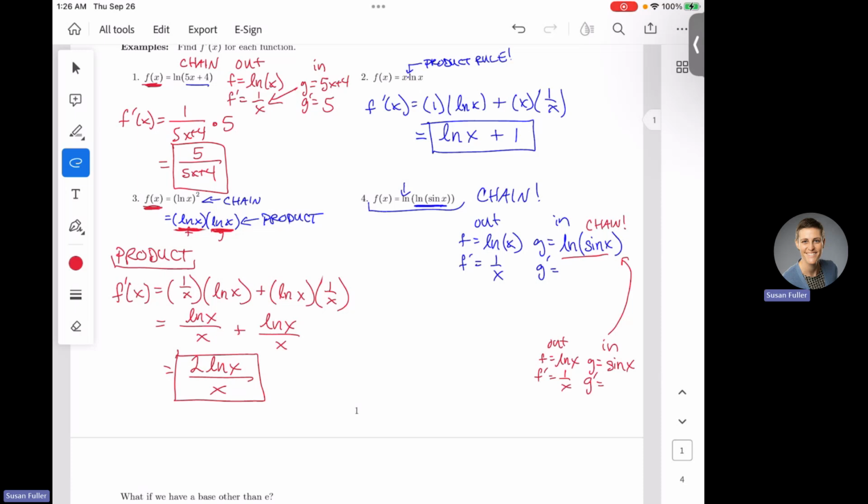What's the derivative of sine x? Yep, it's cosine x. And now I'm going to finish the chain rule. I'm going to plug g into f prime, and I'm going to get 1 over sine x. That's my f prime of g of x times g prime of x, which is my cosine of x.